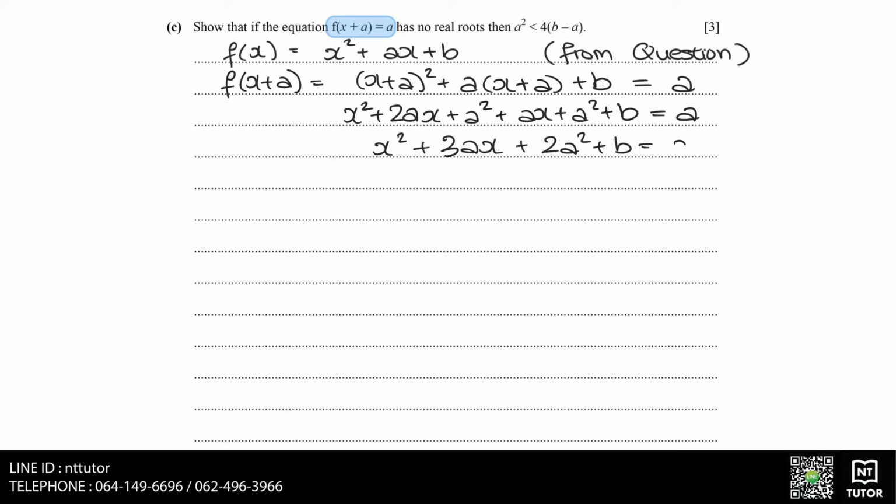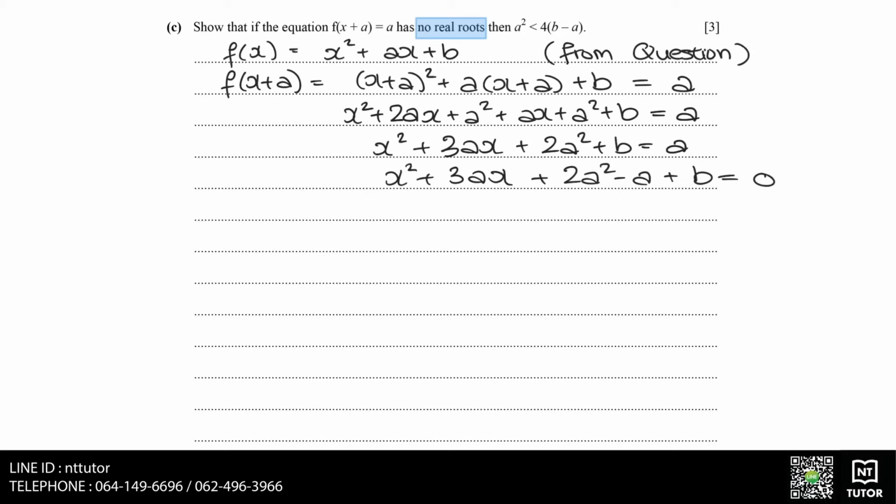The expression simplifies to x squared + 3ax + 2a squared - a + b = 0. So if it has no real roots, then it has no solutions. The expression is still a quadratic because we have an x squared term and an x term and a constant term.